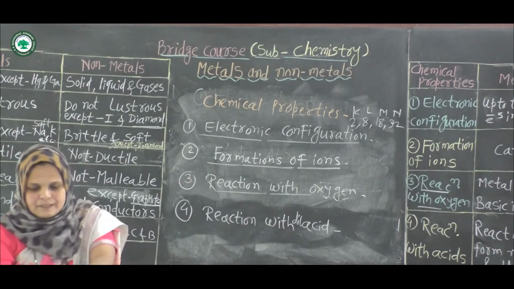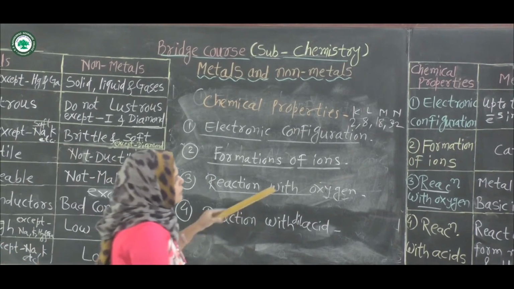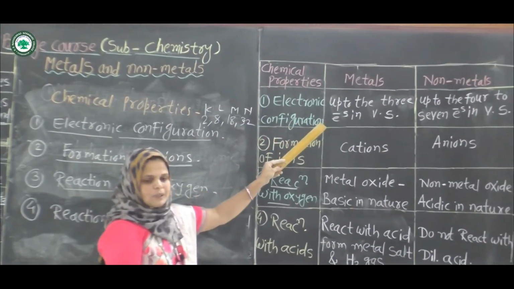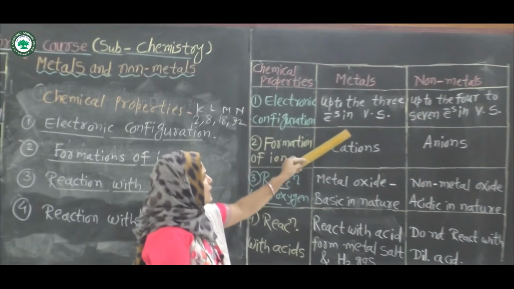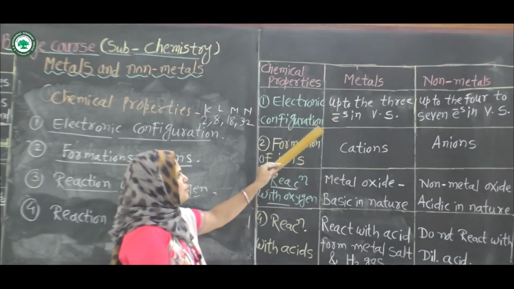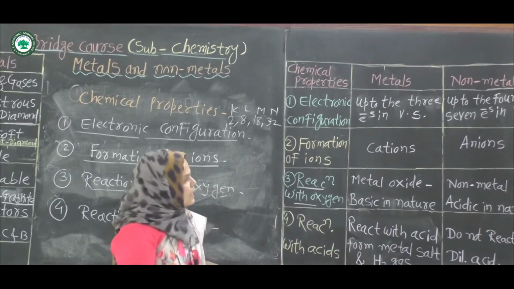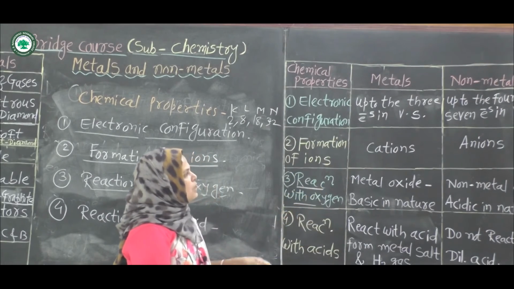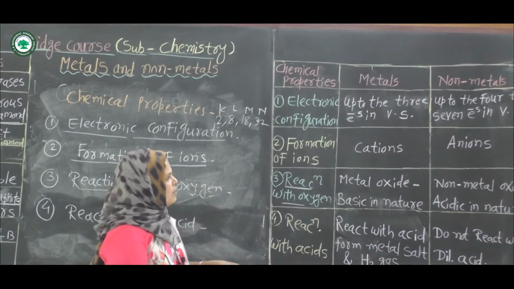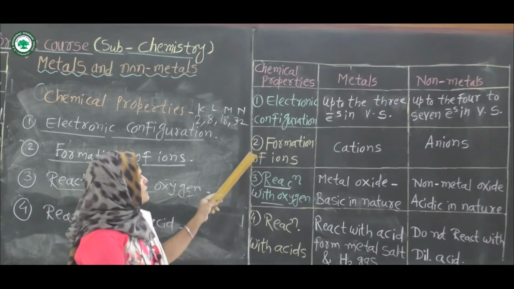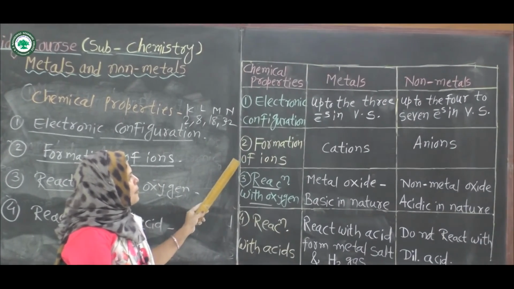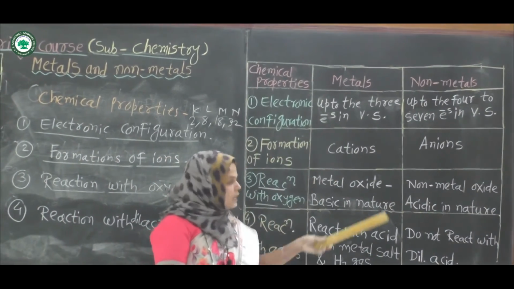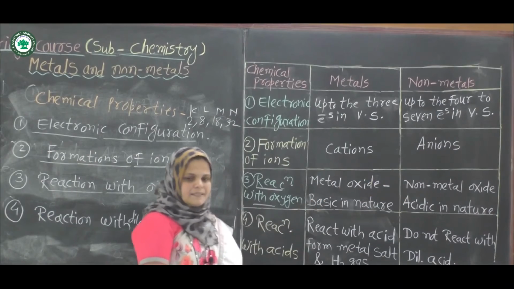Okay, we repeat further. Chemical properties: electronic configuration. Majority of the metals have up to 3 electrons in their valence shell, and majority of the non-metals have 4 to 7 electrons in their valence shell. Then second is the formation of ions: metals form cations, non-metals form anions.